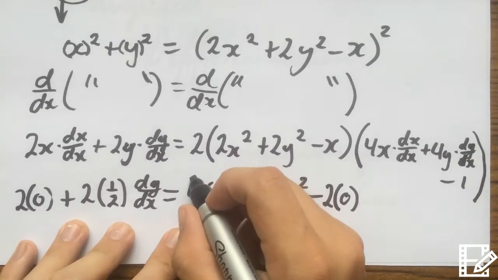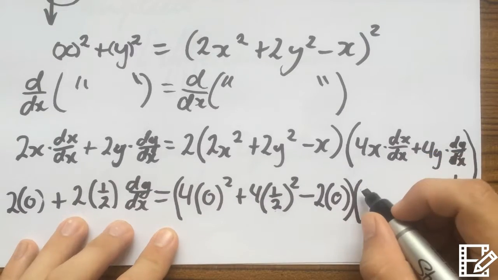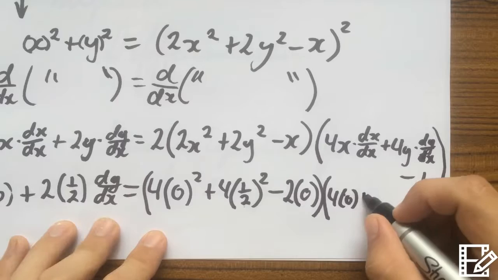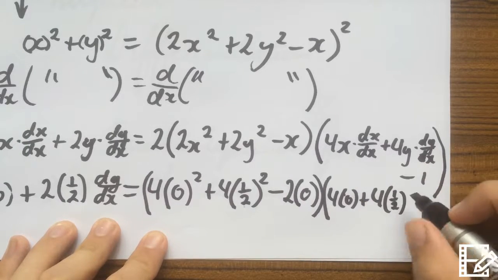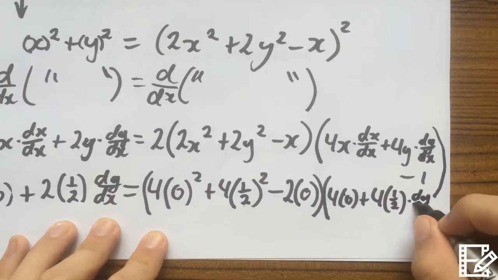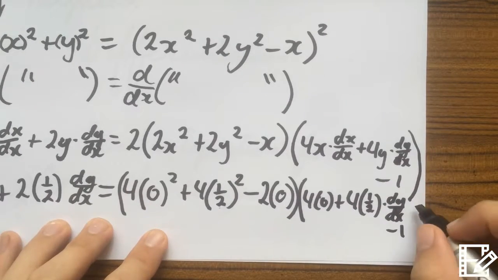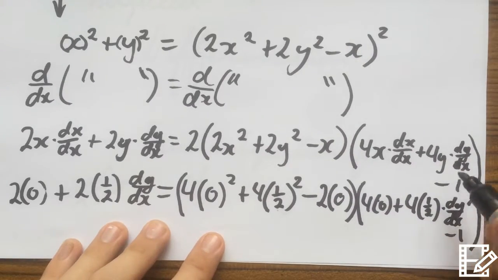Okay. Then we're multiplying that by 4x, which is 4 multiplied by 0, plus 4y, which is a half, dy/dx, and then we're going to have minus 1, because the minus 1 doesn't change.